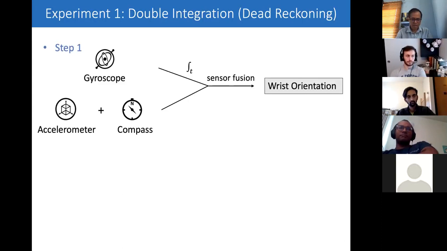Okay, so experiment 1, let's double integrate and do dead reckoning. We have a gyroscope. You know how to single integrate the gyroscope to get orientation. You know how to use accelerometer and compass to get orientation. You use a complementary filter, do sensor fusion, and you get wrist orientation.